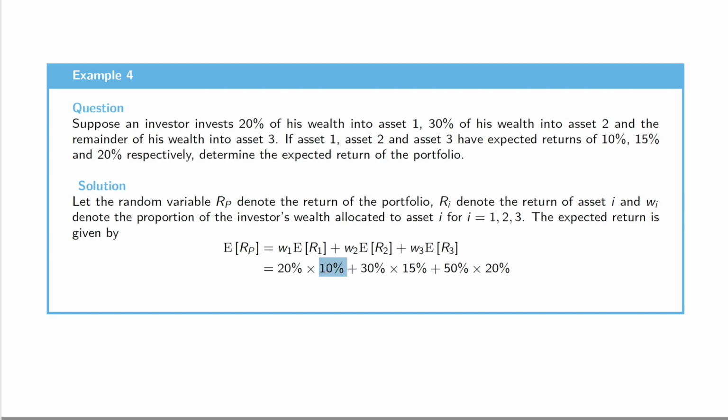A similar process applies for asset 2 and asset 3: you've got 30% invested in asset 2 and 50% in asset 3, with returns of 15% and 20% respectively. Multiplying those out and summing gives you 16.5%. And that's simply how we find the expected return of a portfolio.